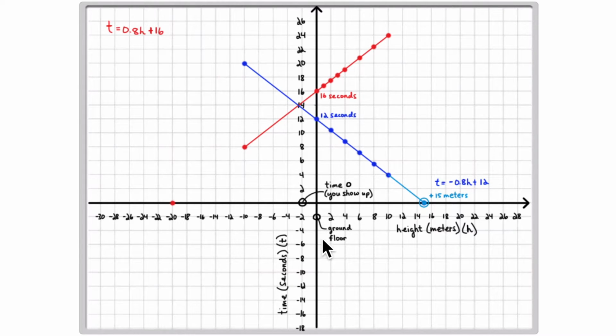So this is the negative 12 seconds to get this elevator back to here. And now you have to go forward 12 seconds to get the elevator to be 15 meters above ground. And so now that elevator is 15 meters above ground, and it is 12 seconds away from you. So now it's going to take another 12 seconds to get that elevator back to ground level. So this is hard to visualize, hard to think about. We did this before, but now it's on a graph.